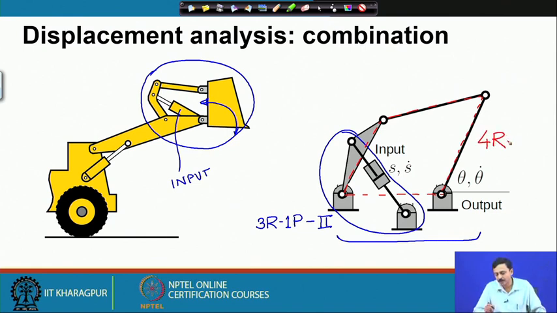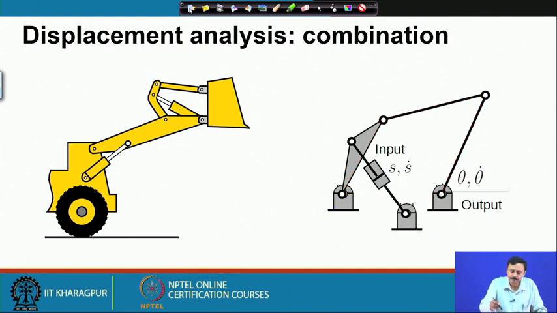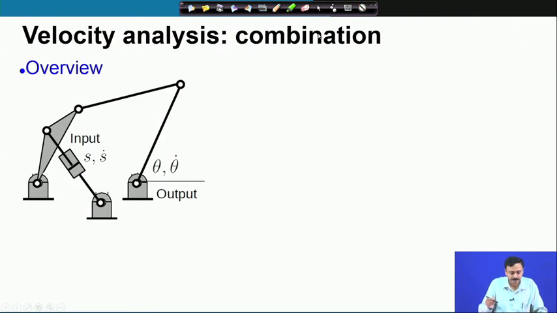So, a 3R 1p chain type 2 is driving a 4R chain. I will just briefly give you the idea of how we can analyze such mechanisms.